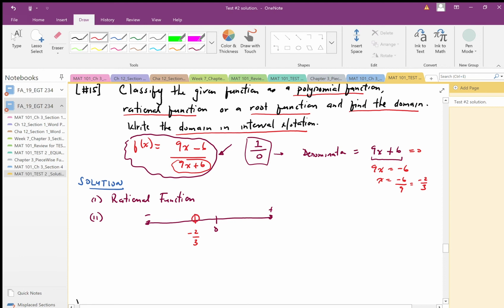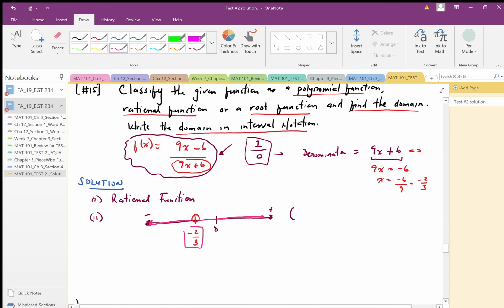So for your solution, or your domain, is going to look something like this. All the values going from the left of negative 2/3 are valid. All the values going from the right of negative 2/3 will be valid, but not at negative 2/3, right?